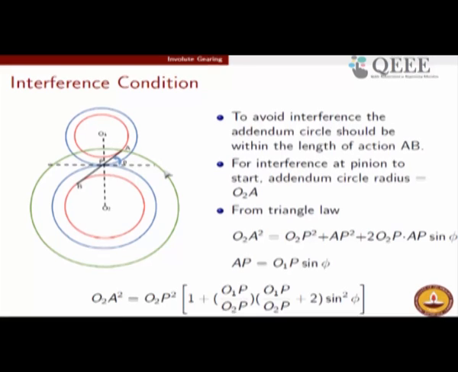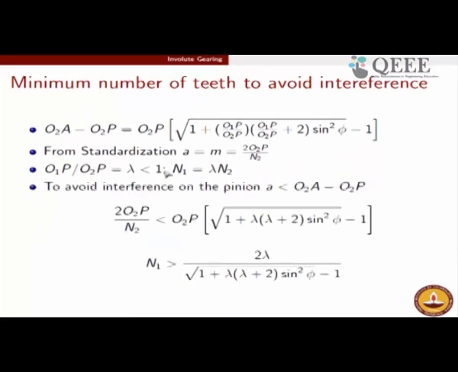So, the technical condition of interference boils down to the addendum being less than what we have computed for the critical situation where the interference just occurs. Now, if we put back these values of addendum as 2 O2P by N2, and on the right-hand side the expression we have already derived, this is what we get.